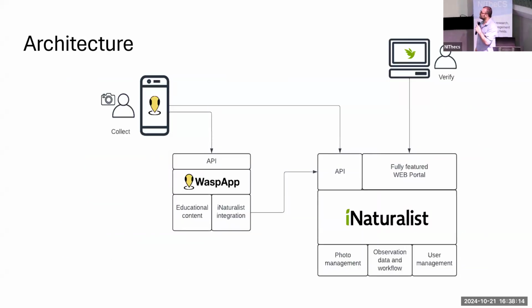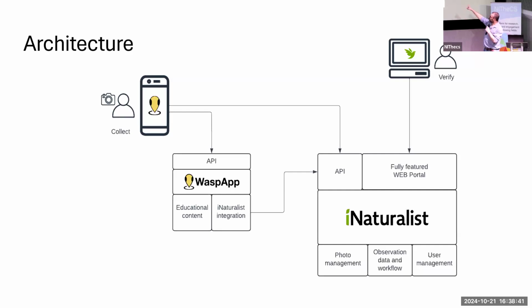So how it works is that from the phone, you need to have systems in the cloud. So we'll have our own API that our app will talk to. Our own server will have our own configured educational content, and then we will have our own integration with iNaturalist, which we will then pull data from or push data to.